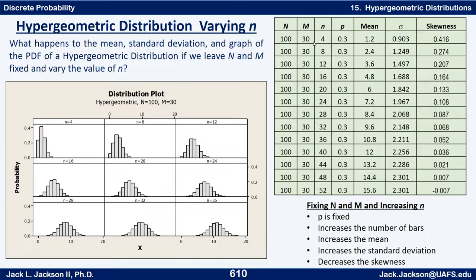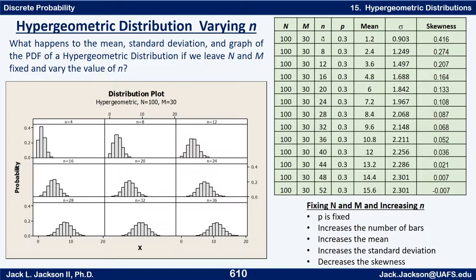So, for example, when n is 4 here, we only see 5 bars, one for x equals 0, 1, 2, 3, 4. When n is 8, we see bars for 0, 1, 2, 3, 4, 5, 6. 7 and 8 are also here, even though they're kind of small, and so forth. And so we see more and more bars as we go along.